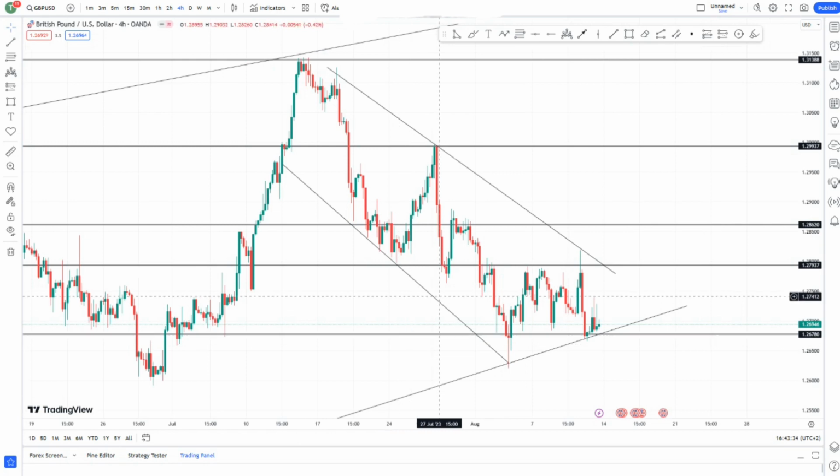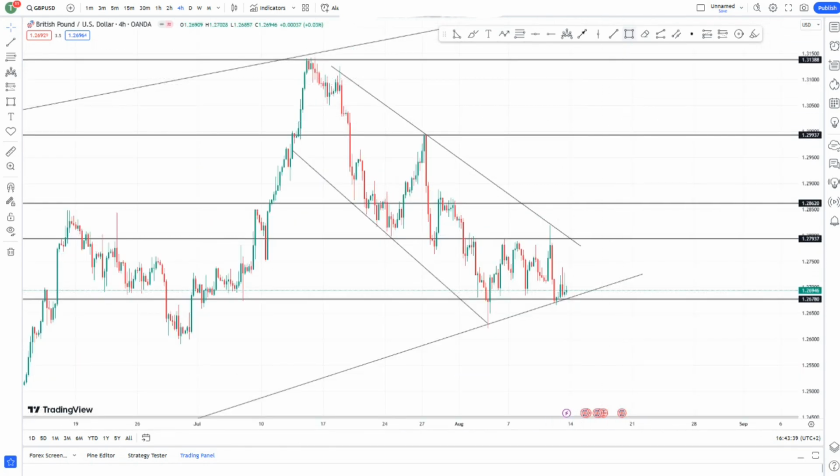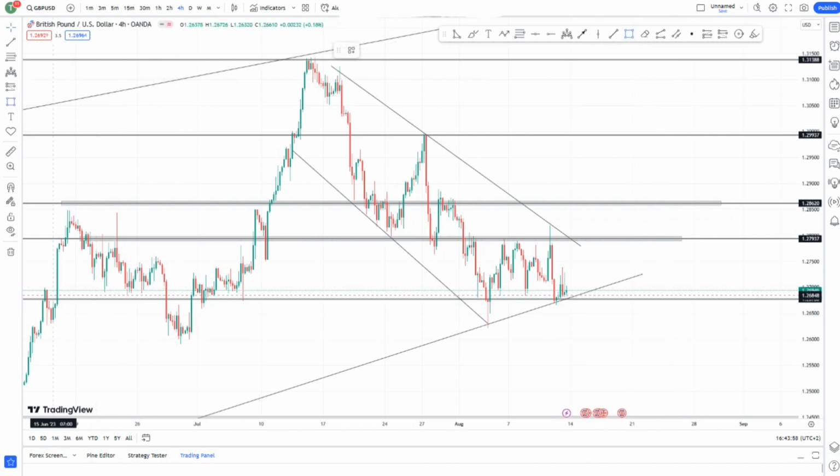So I have my supporting trend line and my resisting trend line like that, and I'm just gonna make sure that my key levels are clear. So I'm gonna turn them into zones, because support and resistance doesn't act as just a straight line, it acts as zones. So make sure that you zone out your key levels.